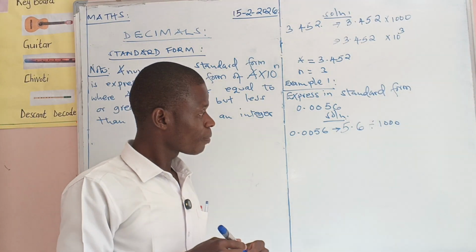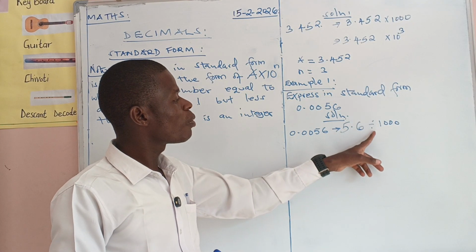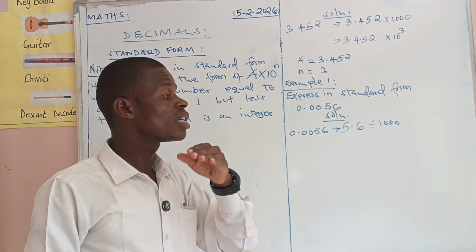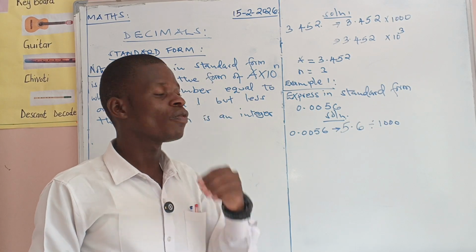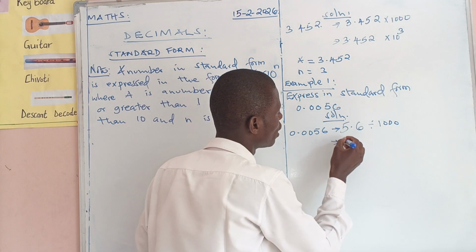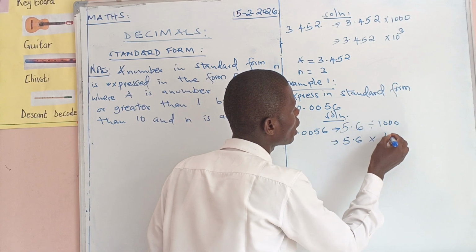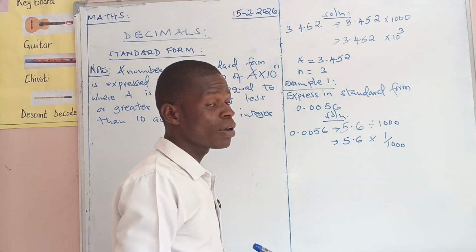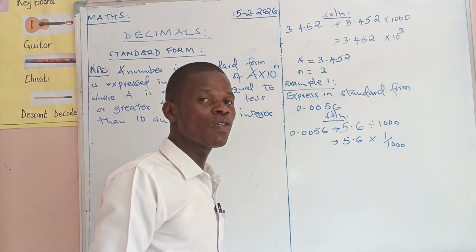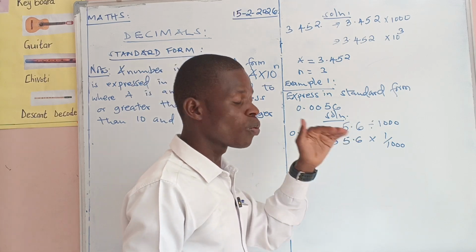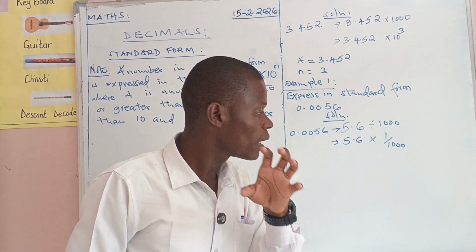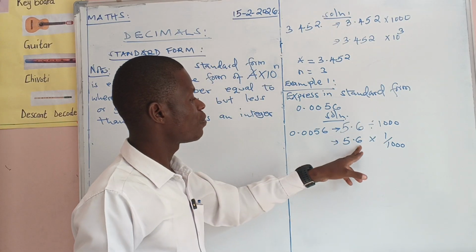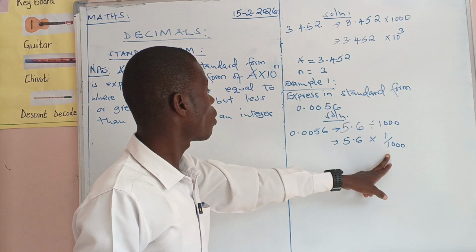And you have been told that dividing by 1000 is the same as multiplying by 1 over 1000. We need to understand that. So 5.6 times 1 over 1000.